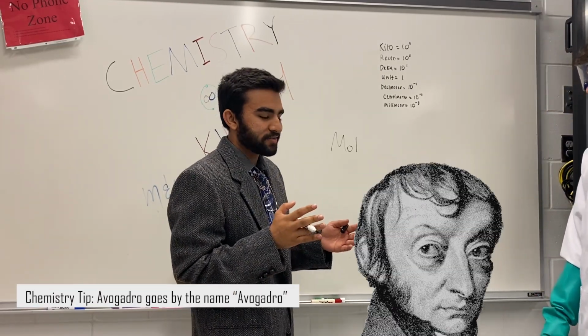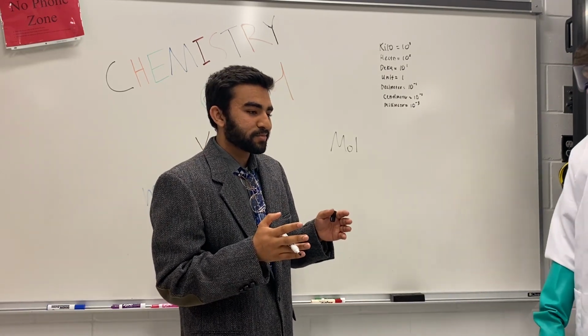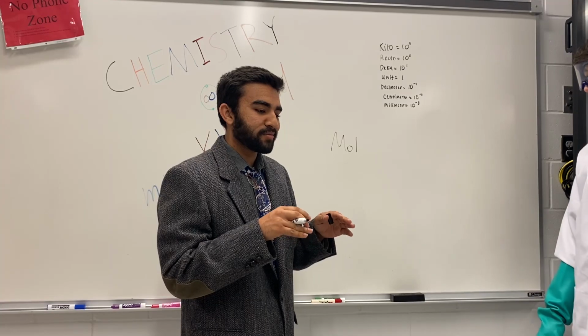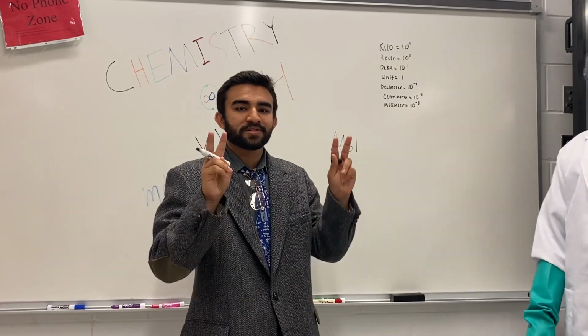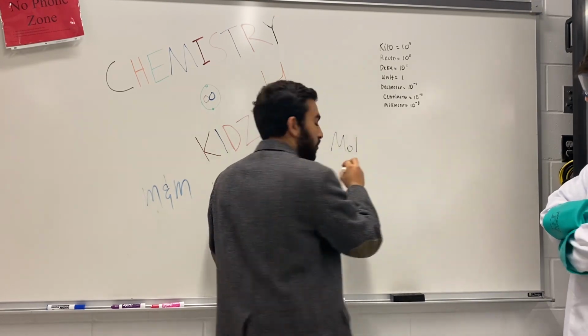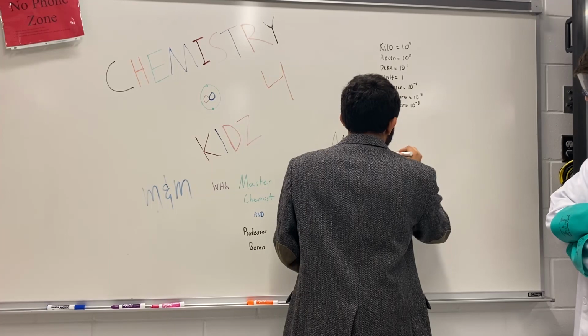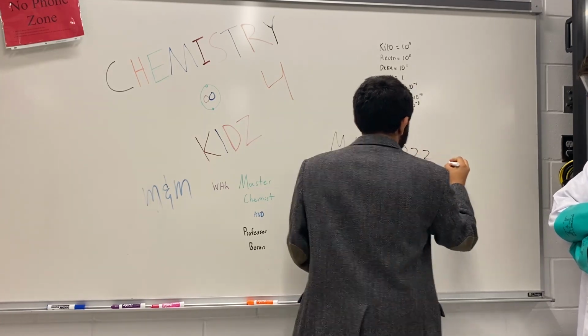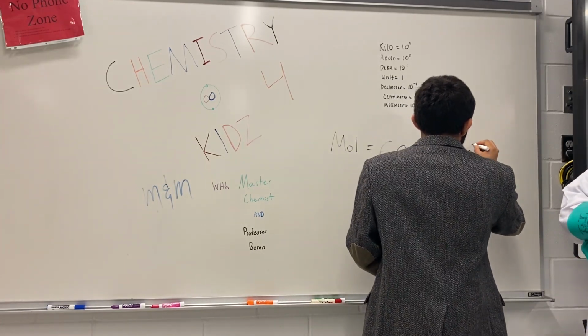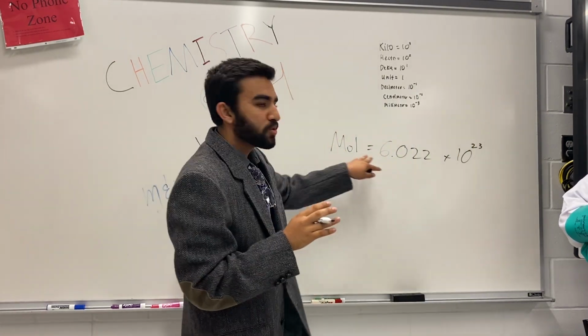He found that when it comes to gases, the volume is often proportional to the amount of atoms there are. So he came up with what's called Avogadro's constant. 1 mole equals 6.022 times 10 to the 23rd particles or atoms.